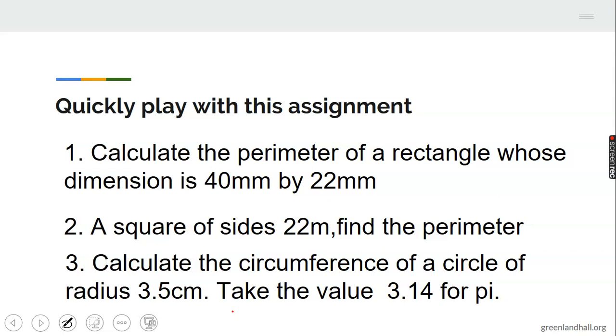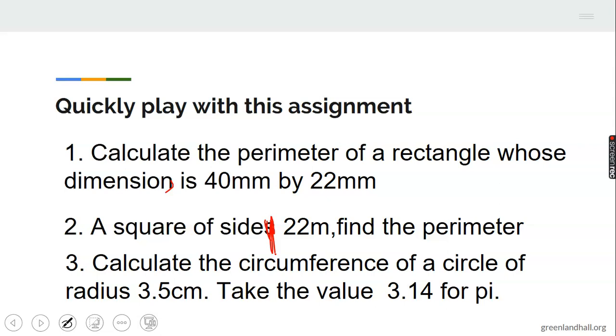Calculate the perimeter of a rectangle whose dimensions are 40 mm by 22 mm. A square of side 22 meters. Find the perimeter.